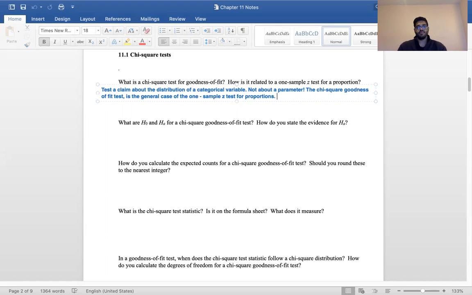The big difference between chi-square and what we were doing before is that now we're going to start talking about categorical variables, so we can expand our definitions. What's the null and the alternate hypothesis? H0 is the distribution claimed or given values, so your baseline.